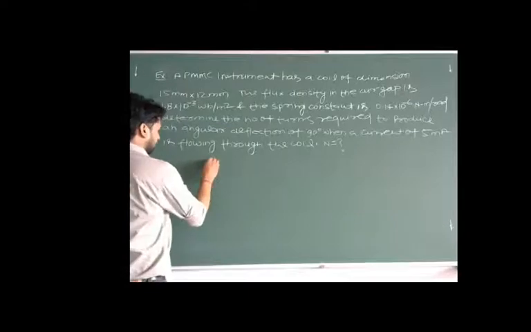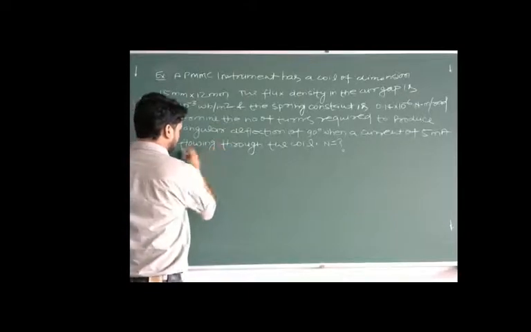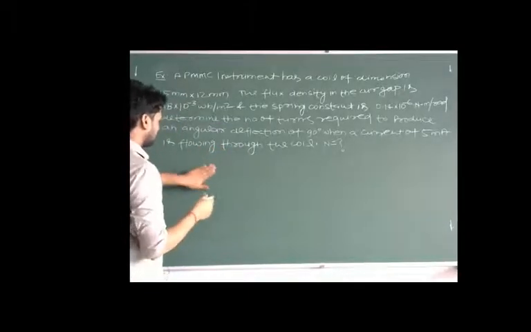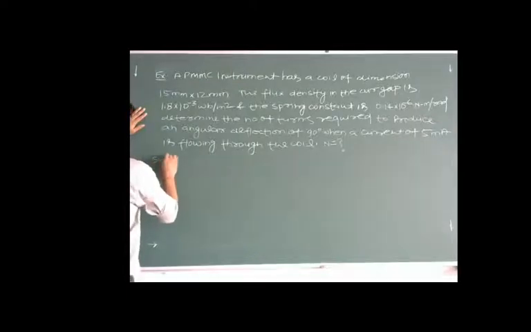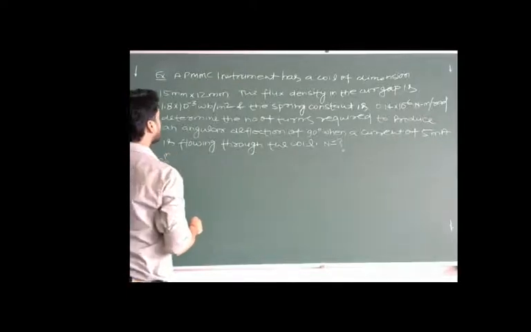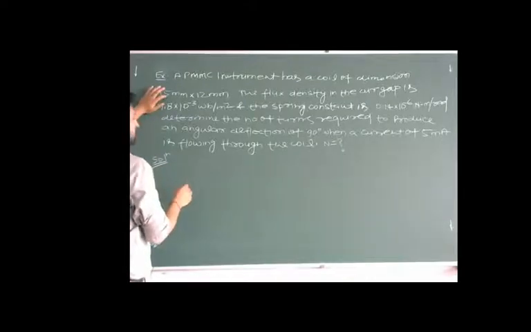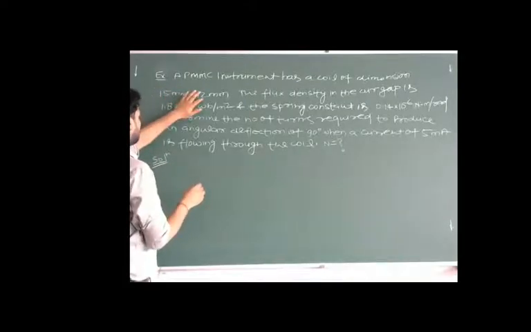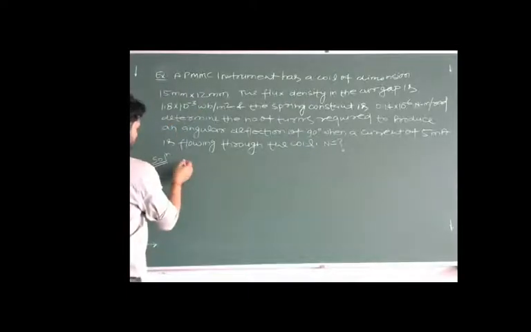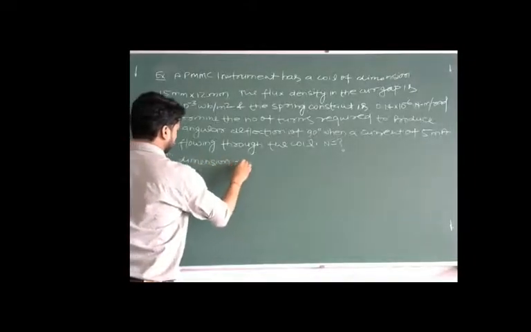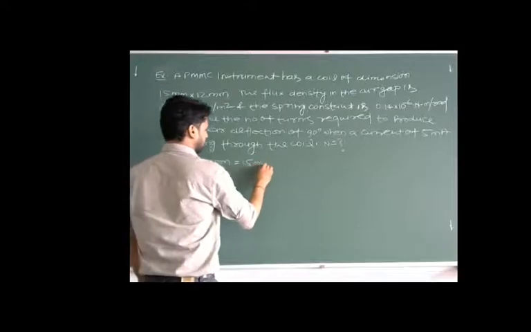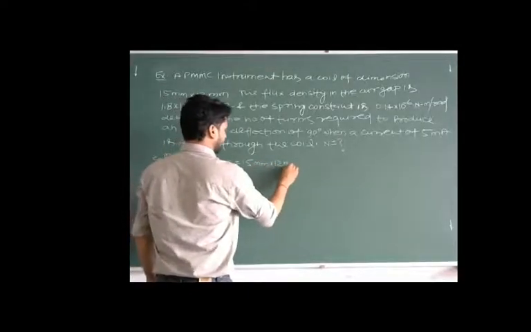So the deflecting torque is given as, first from the given data, extract the information which is given here. The given terms are, first the dimension of the coil, 15 mm into 12 mm.